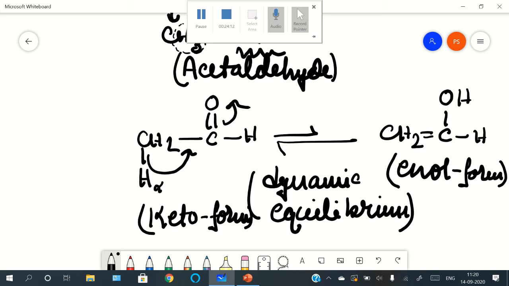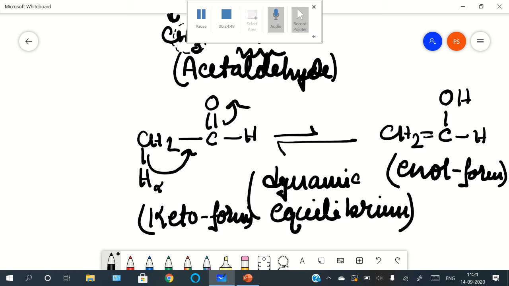Now, enol forms are unstable as the same carbon contains a double bond and hydroxyl group, which makes the hydroxyl group unstable, prone to rearrangement to the keto form. That's why in the solution of ketone or aldehyde where an alpha hydrogen is present, keto-enol tautomerism is observed, but the keto form is found in higher amount in that solution compared to the enol form due to the higher stability of the keto form.